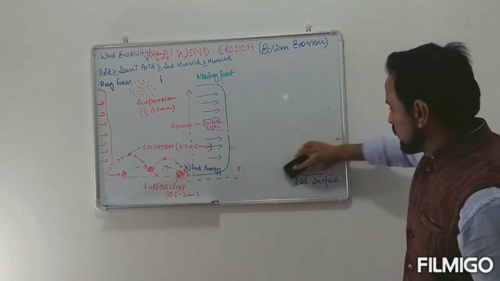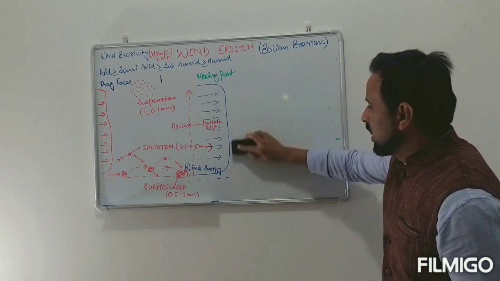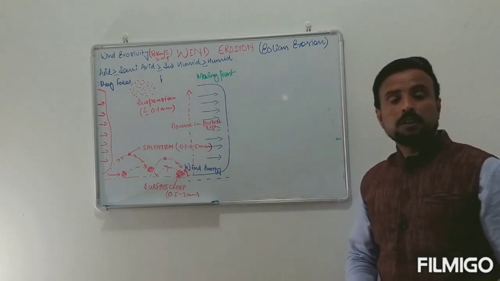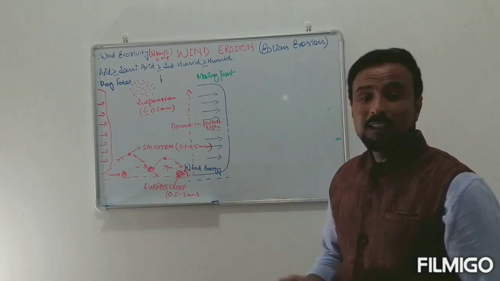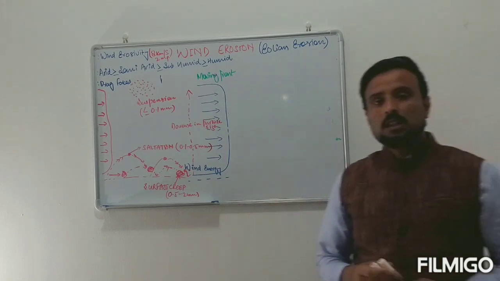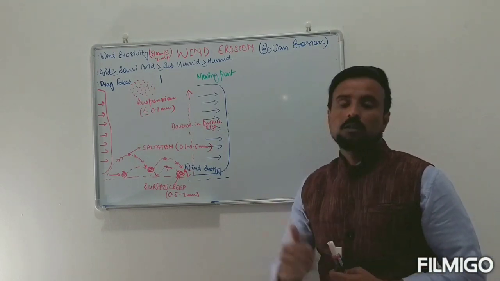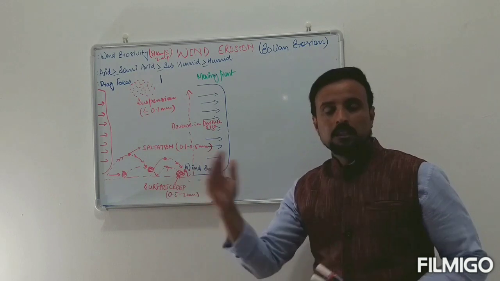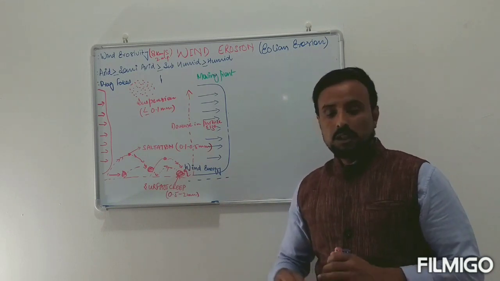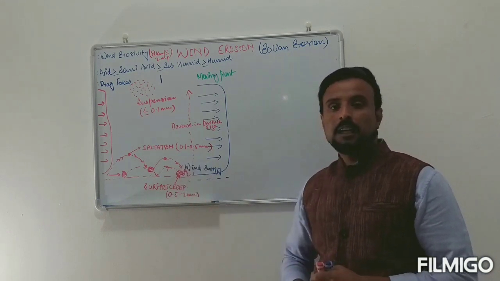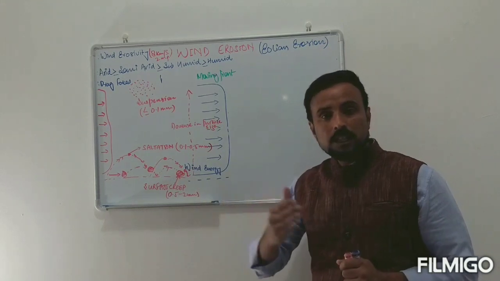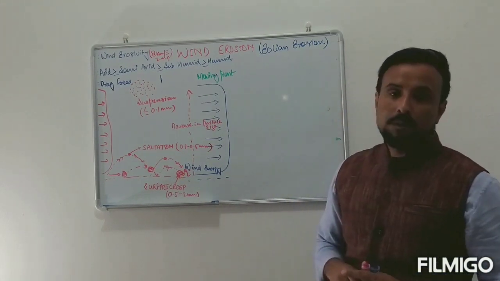So apart from it, one more difference between water erosion and wind erosion is that in wind erosion, the particles that move with the wind energy are moved in three different ways. The smallest particles that move are called suspension.